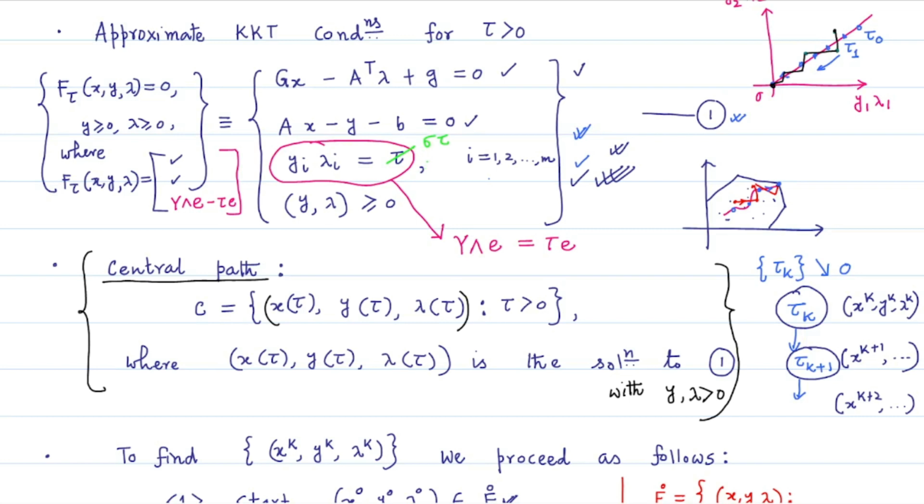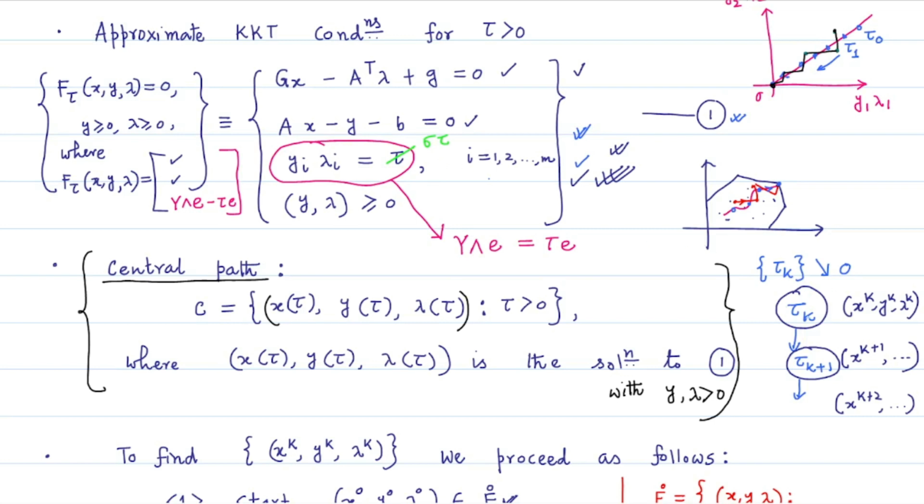So practically what we do here, we replace this tau by sigma times tau, where sigma we control in such a manner that this sigma tau gets degraded as the iteration progresses.